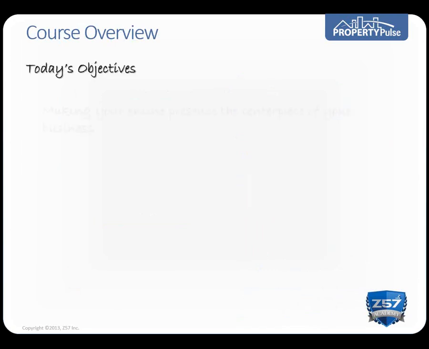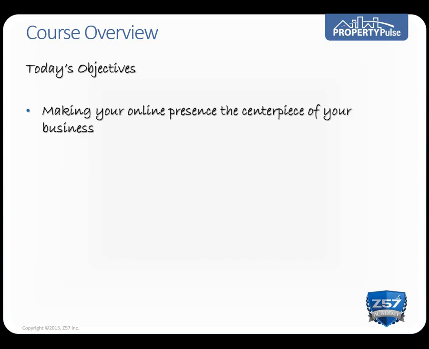Today we've got 5 key objectives to cover. First, making your online presence the centerpiece of your business is a no-brainer considering today's buyers and sellers. Second, marketing to mobile users means adding a QR code to all your offline marketing. We'll look at how QR codes function.